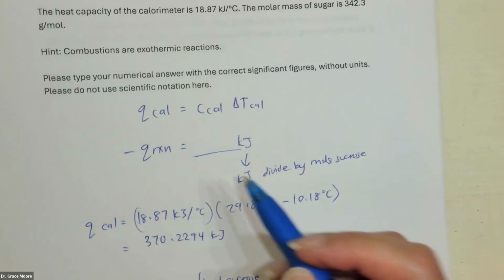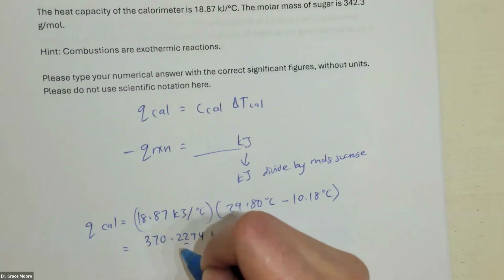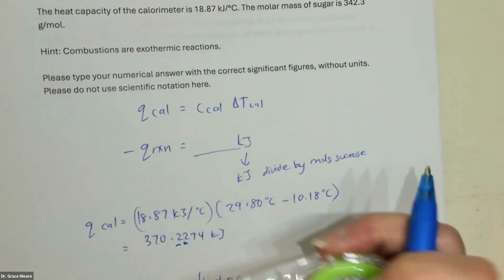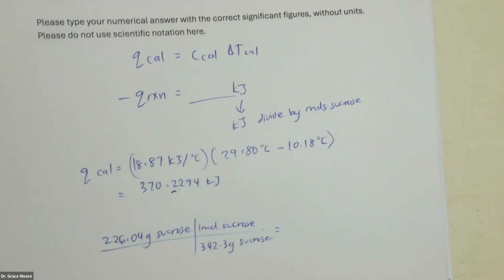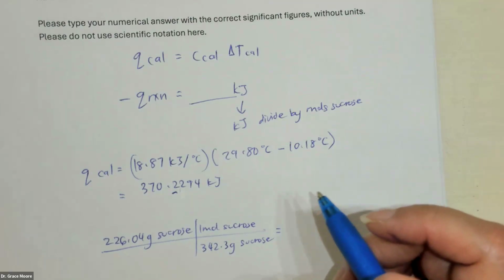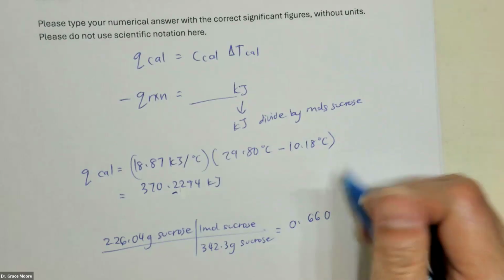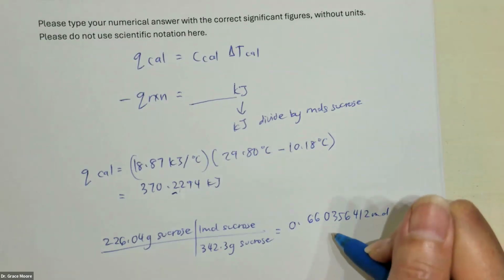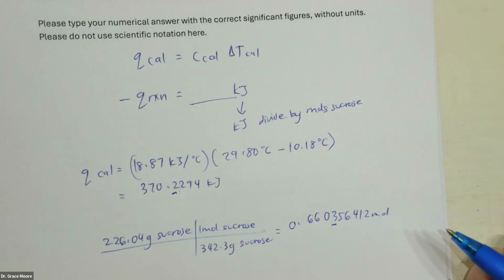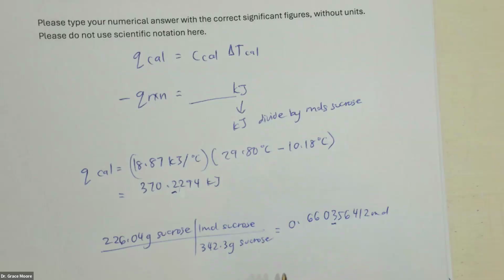Obviously this one too, you'd be keeping 4, the 5th number, sorry. So 4 sig figs, that one there. Get the moles of sucrose, 0.6603562 moles. But you really only need 4 numbers, so 0.6604. But you take the whole number, this kilojoules divided by that.